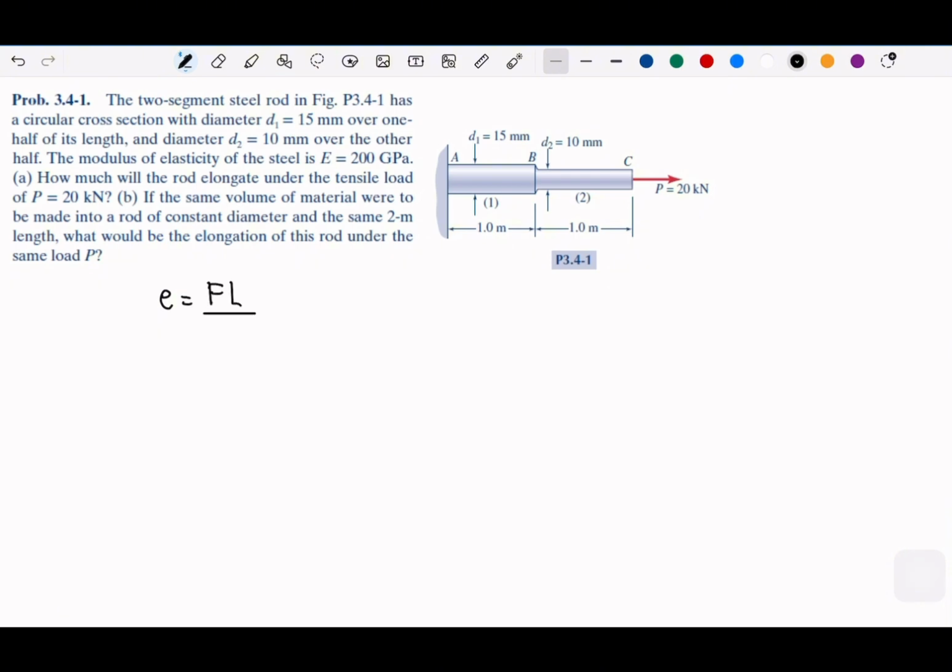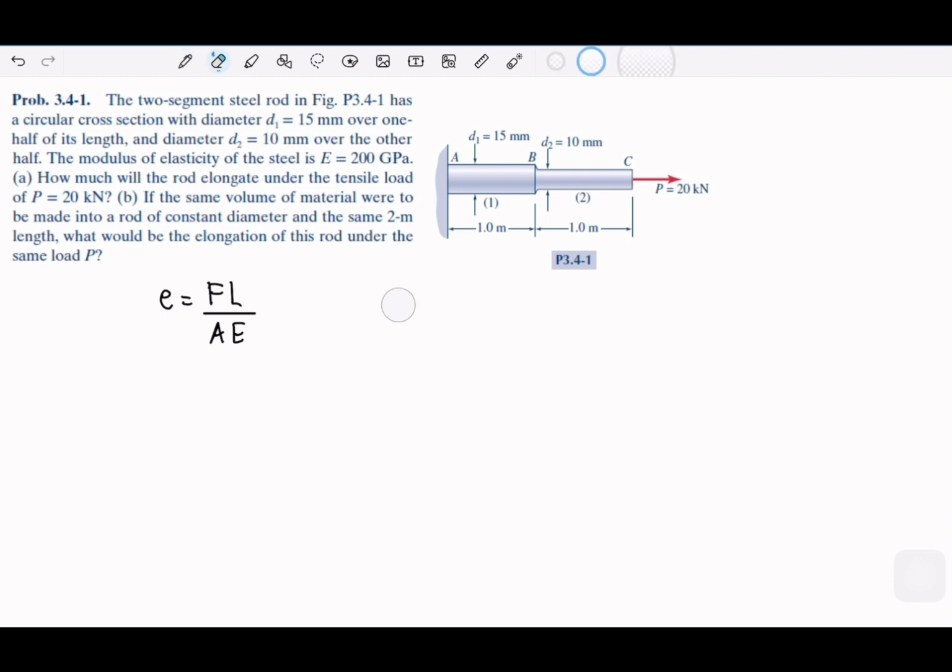We can write FL over AE, which describes very well all the sections, right? So we have the length for element 1, length for element 2, so we could describe each element. And we need to describe the force.